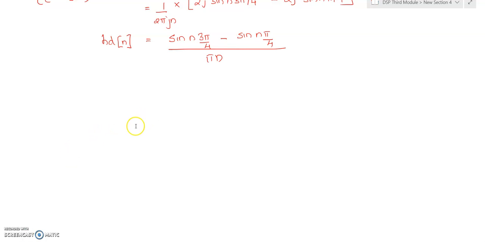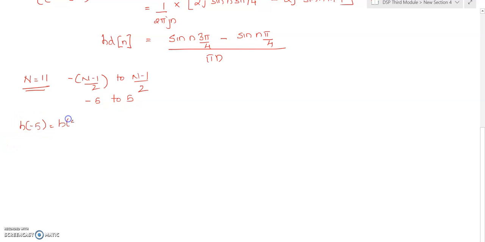Now we have got the general equation of HD of n. Our next job will be to find out the actual HD of n coefficients. So your n is given as 11. So minus n minus 1 by 2 to plus n minus 1 by 2 would be referring to minus 5 to plus 5. So you need to find out the coefficients of h of minus 5 equal to h of 5.